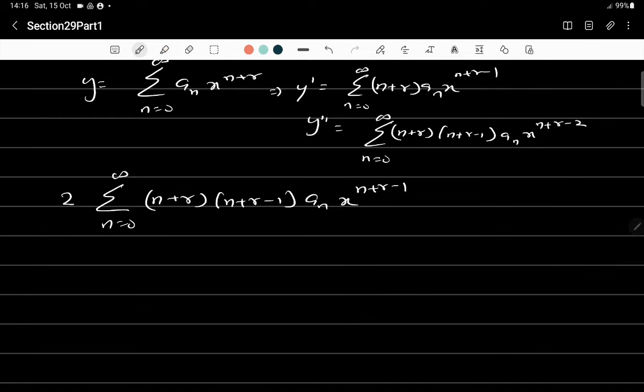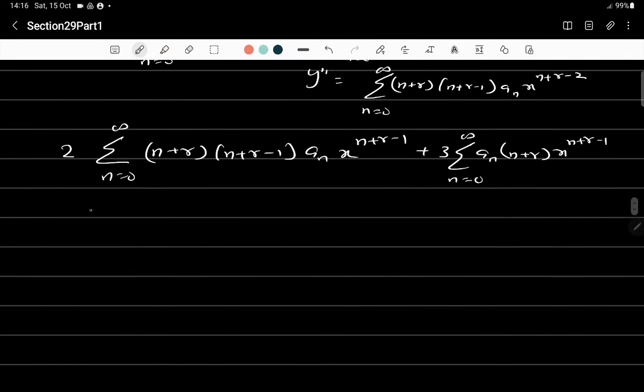It is minus 2, but I multiplied by x because 2xy double dash is there, plus 3y dash, so a n, n plus r, x raised to the power n plus r minus 1, then minus x y dash, so a n, n plus r, x raised to the power n plus r, minus y, so a n x raised to the power n plus r.